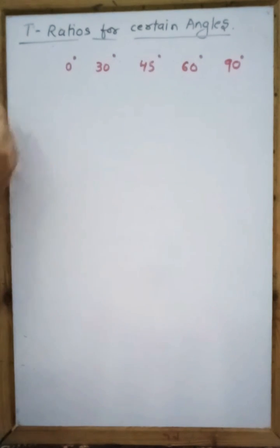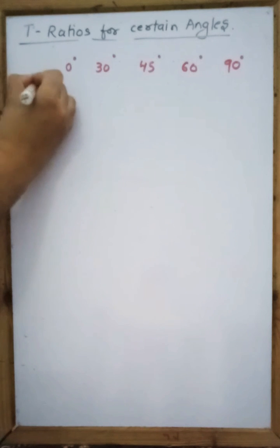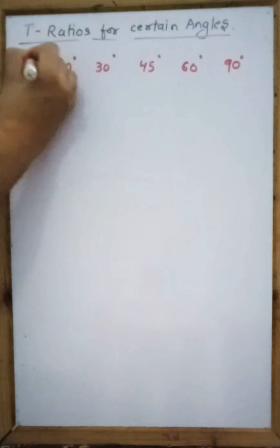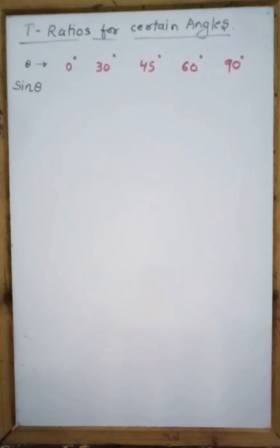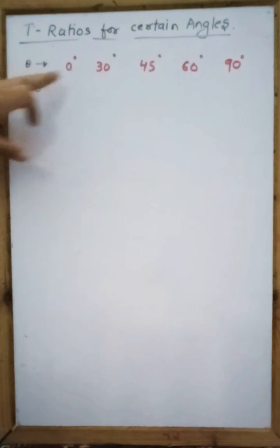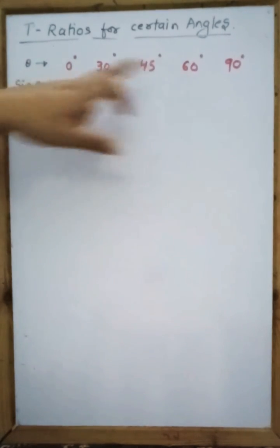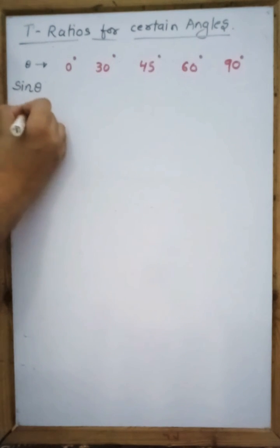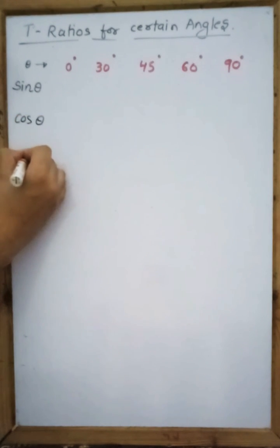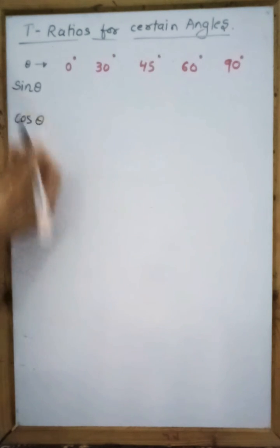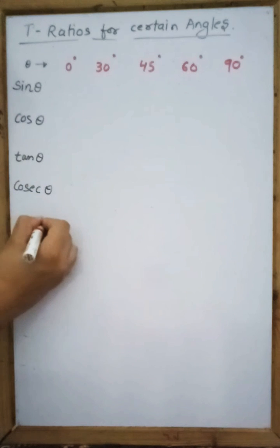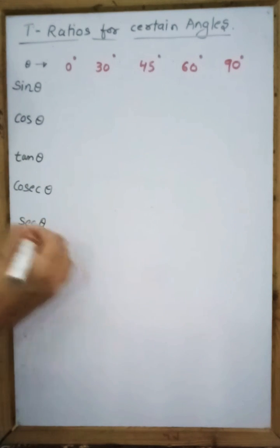And the values that we have to write are for sine theta. If I ask you what is sine 0 degree, then sine 30 degree, then sine 45, then sine 60, then sine 90, I will write the values over here. So we will draw this table for sine, cos, tan, then the reciprocals of these T ratios, which are cosecant, secant, and cot.